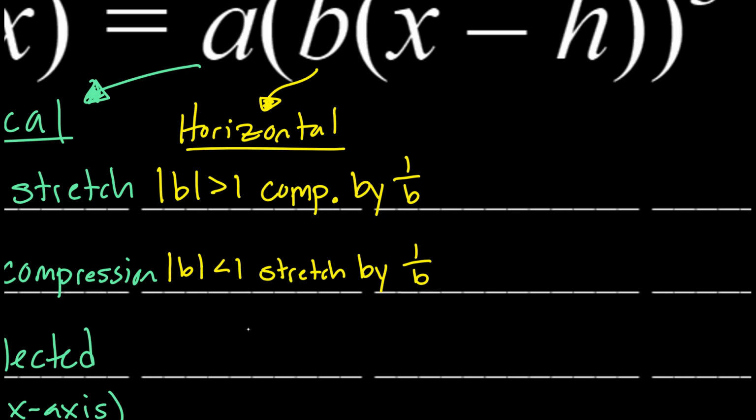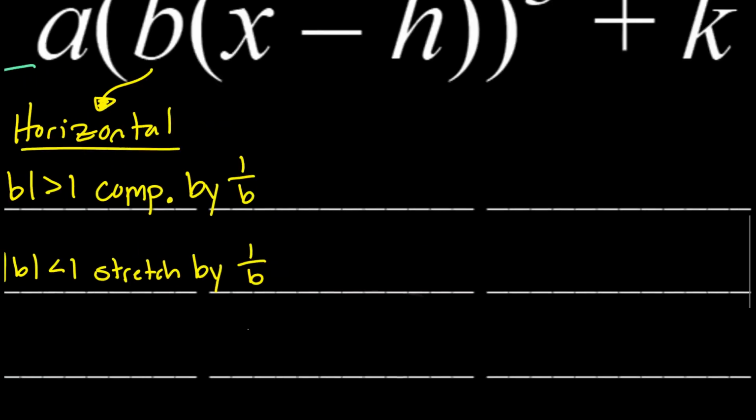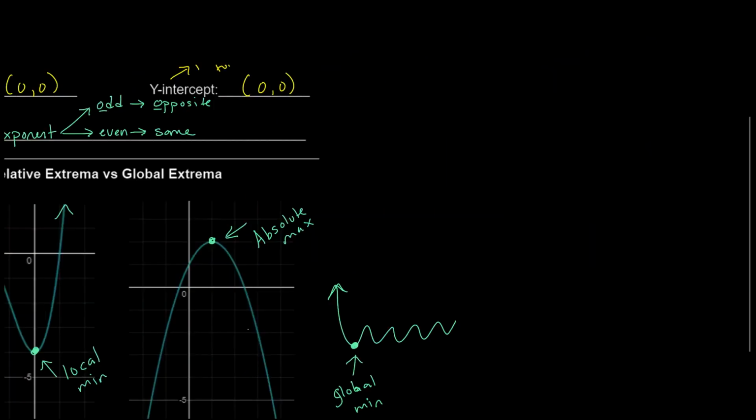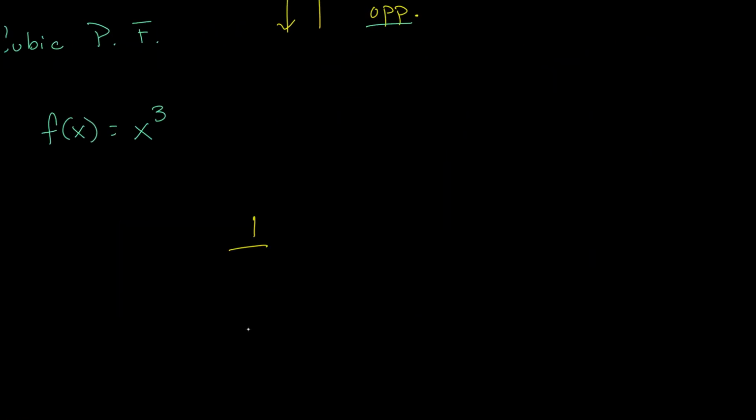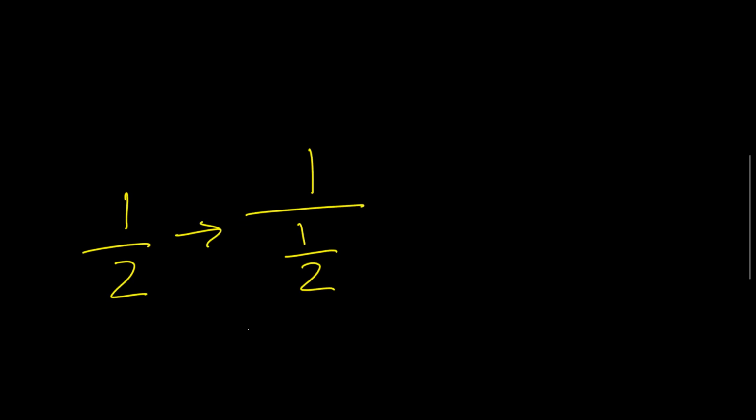Do you need me to explain why it's still 1/B? Okay, so if I have a half, you would say that it's the reciprocal 1/B, or 1 over 1/2. How do you simplify this? Anytime you're dividing by a fraction, what are you actually doing?